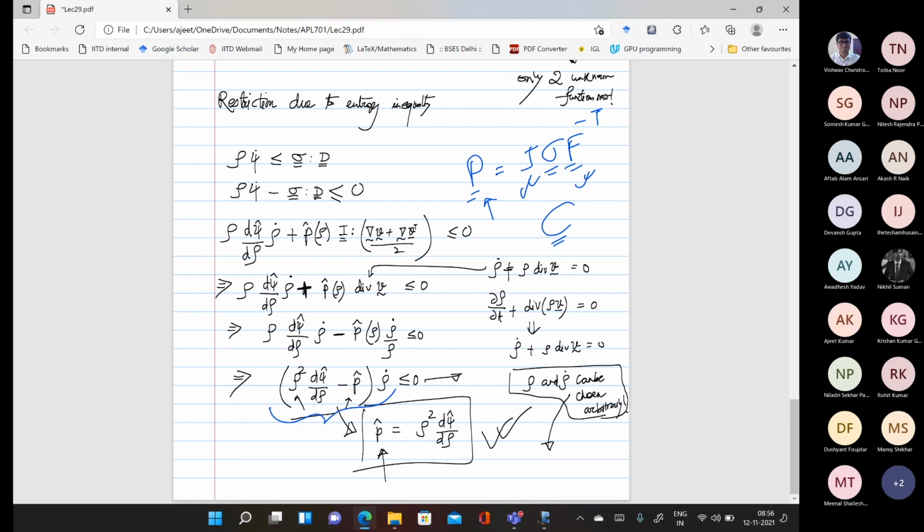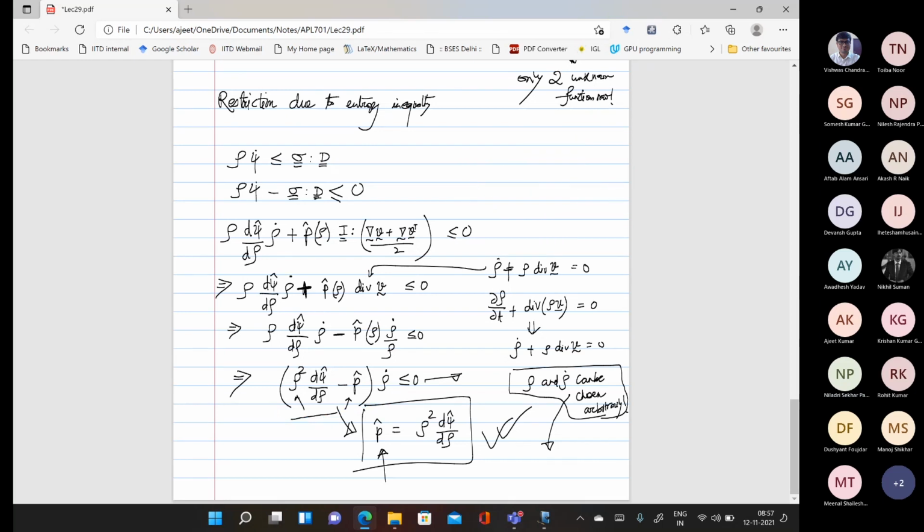For such quantities, we cannot say that they should be independent of it. But for the quantities which truly depend only on the current configuration, for example, density or the Cauchy stress tensor, objectivity is what Niladri is saying: such quantities should not depend on what reference configuration I choose.